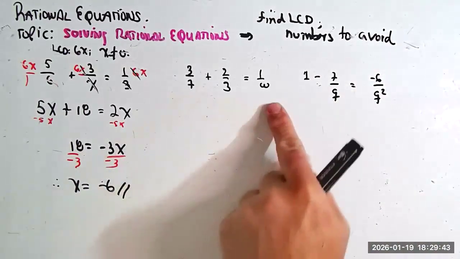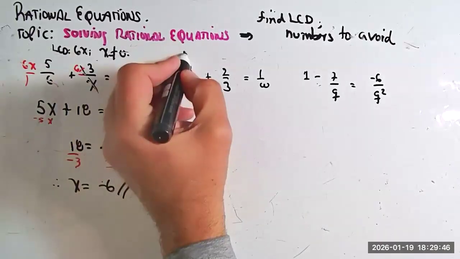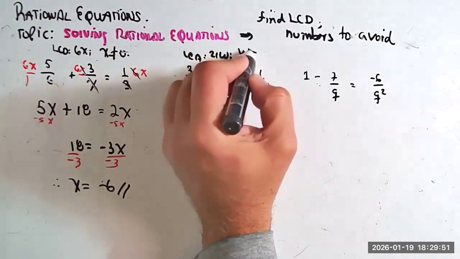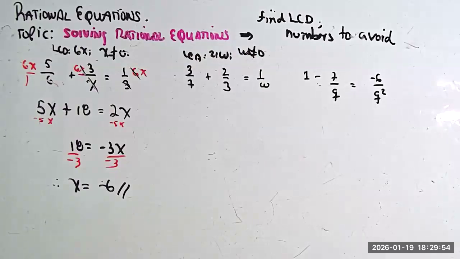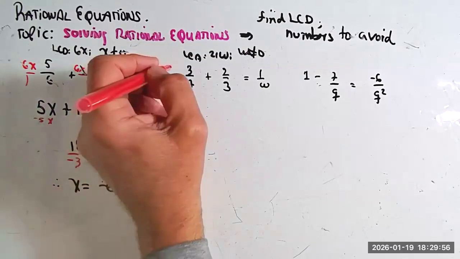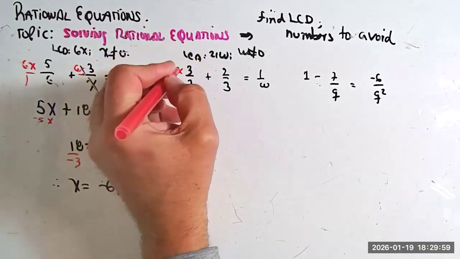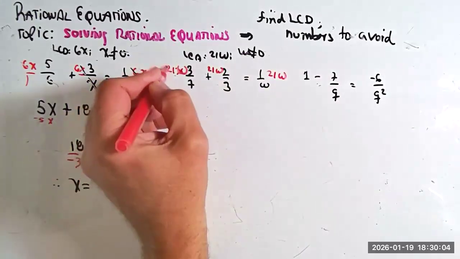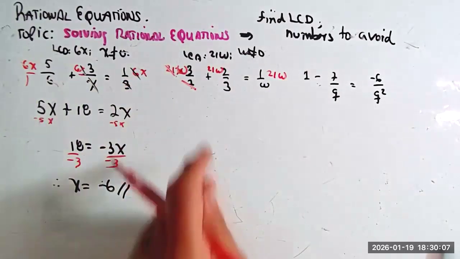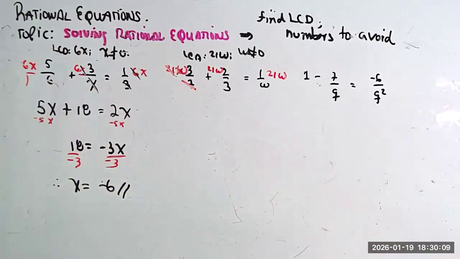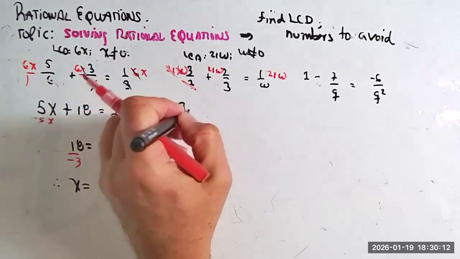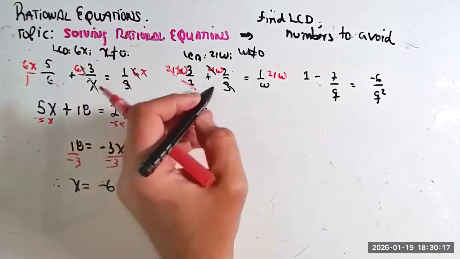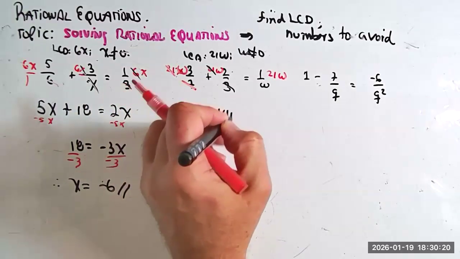I have 7, 3w. Of course, here the LCD, 7 times 3, will be 21w, and w cannot be 0. Very similar to the example that we did before. So we multiply by 21w. 21 divided by 7 is 3 times 3, we have 9w, plus 21 divided by 3, that's 7 times 2, 14w.